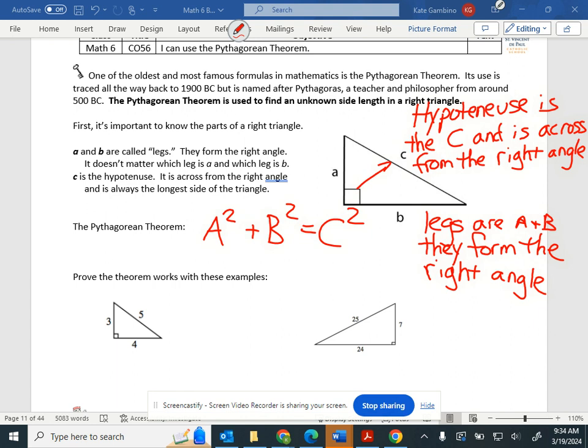So A squared plus B squared equals C squared. Two legs are A and B, they form the right angle. The hypotenuse is the C, and it's across from the right angle. Remember, when we do A squared plus B squared, in order to get it down to just the C, that's when we do our square root.